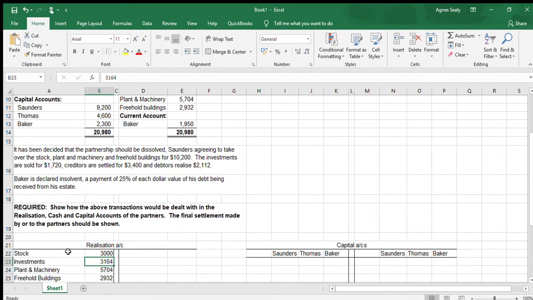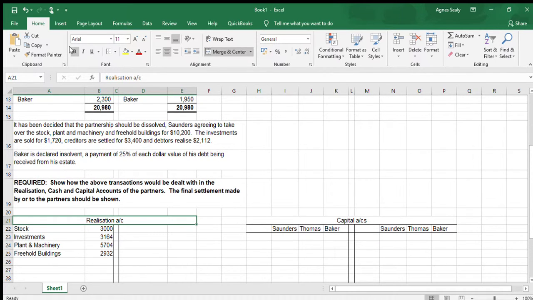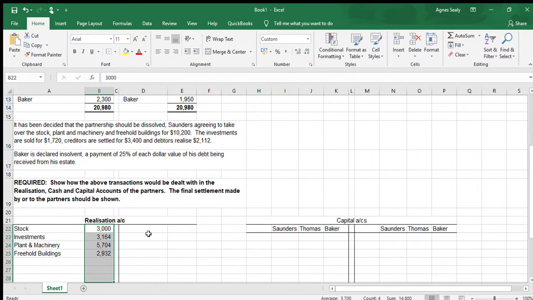So these are our assets that we are currently transferring to our realization account at their book value, because the accounting entry tells us to debit the realization account and to credit the asset account.